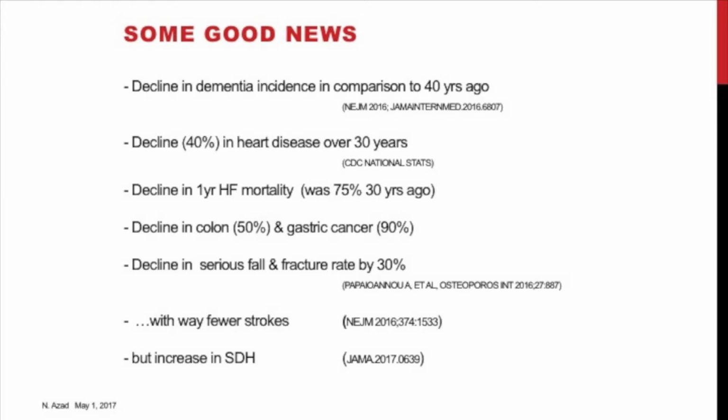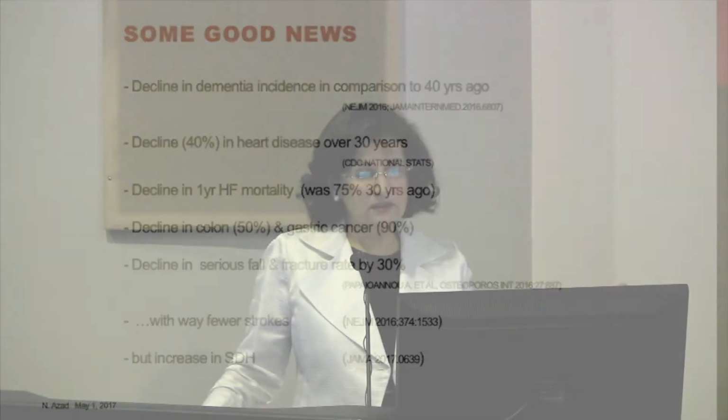On the other hand, it seems that subdural hematoma is going up. And the question is why? So we have fewer strokes. How are we having fewer strokes? Because we are using, let's say, anticoagulants. But on the other hand, subdural is going up. Could it be that we are using warfarin or other oral anticoagulants in the wrong type of patients?